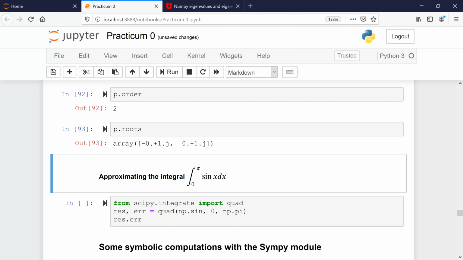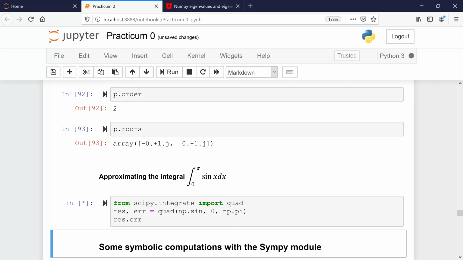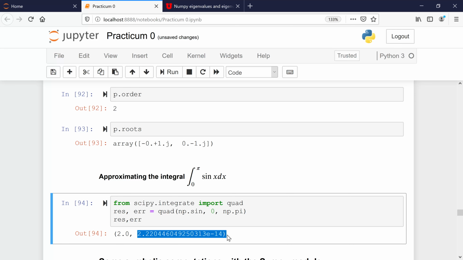It has a function called integrate, which gives you the result with the error. If you do this, we get the result. The result is 2, and the error is very, very small, 2 times 10 to the power minus 14. Try to find the numpy analog.